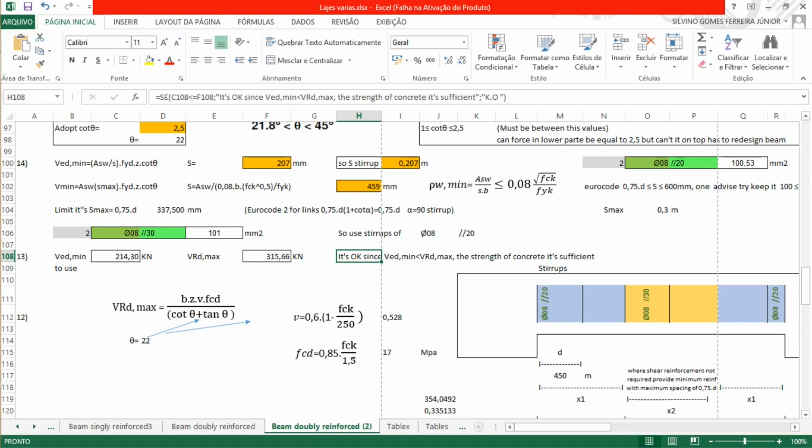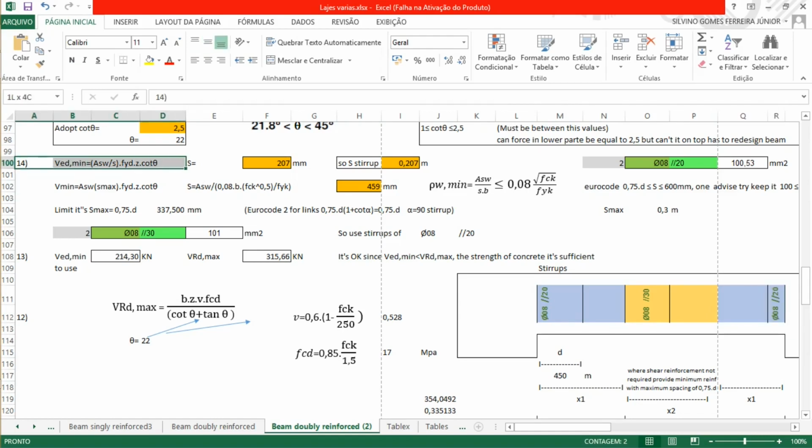So near the supports, the spacing for these links is given by this equation in the Eurocode. VED minimum equals the area of the section of the steel over the spacing, multiplied by fyd, multiplied by the z lever arm, multiplied by cot of theta. So we get the spacing for one side.